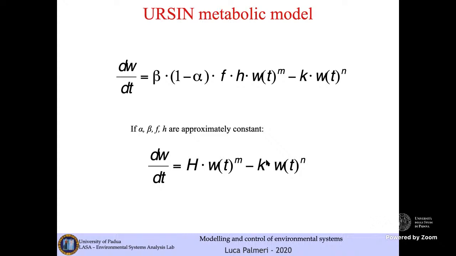So with this assumption and some more specific assumptions concerning, for example, the absorbing surface of the digestive tract, like it is proportional to the weight of the organism, or the quantity of energy employed for the basal metabolism, that is again somehow proportional to the dimension of the organism.